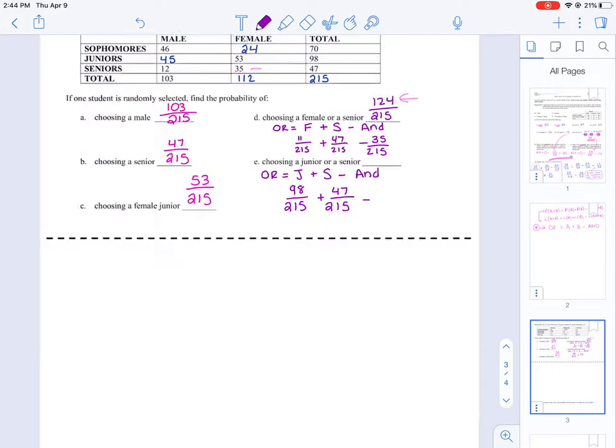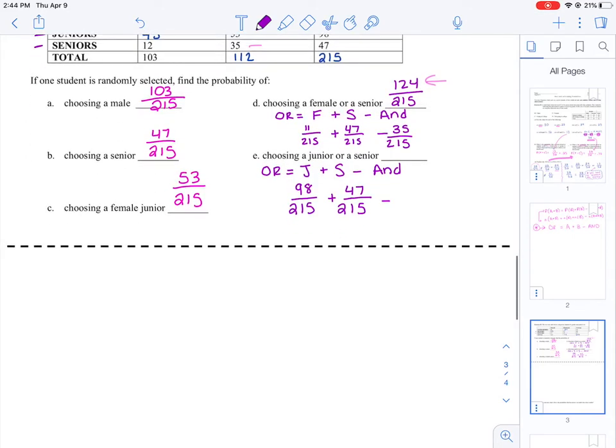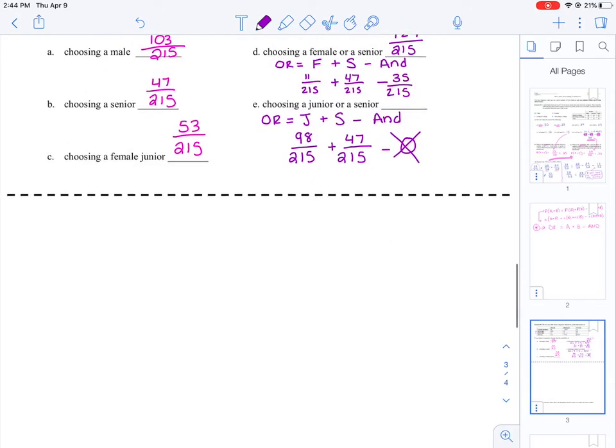And if I look at my table, there's no box that has juniors and seniors, because juniors is here, seniors is here. There is no overlap here. So I'm really not subtracting anything in this case because there are no students that are a junior and a senior. There's nothing to subtract there.